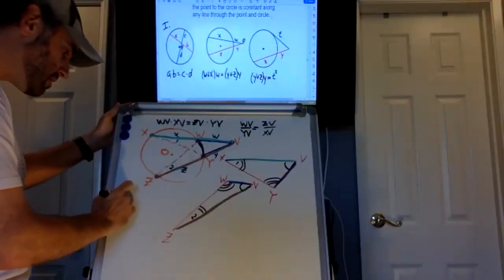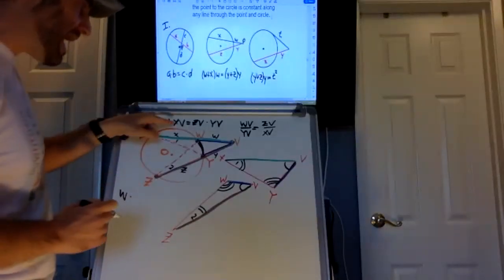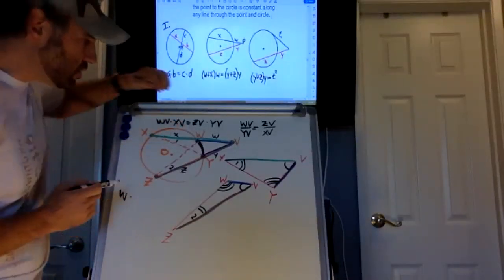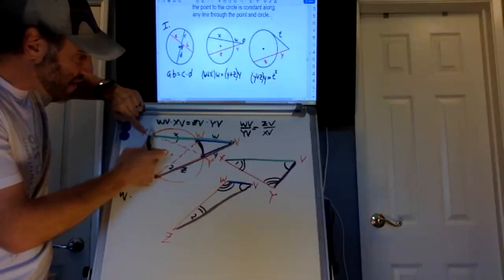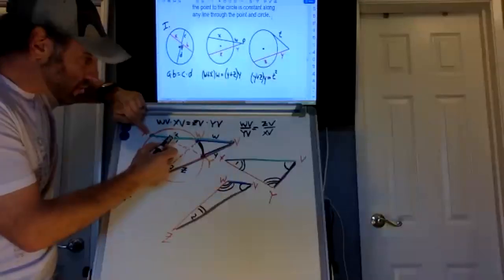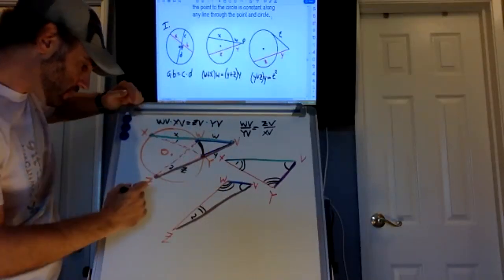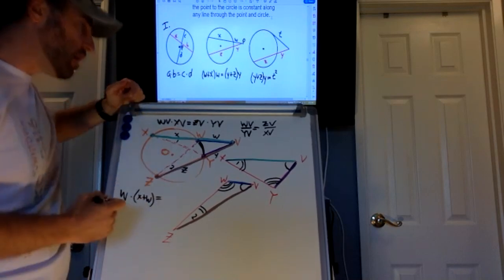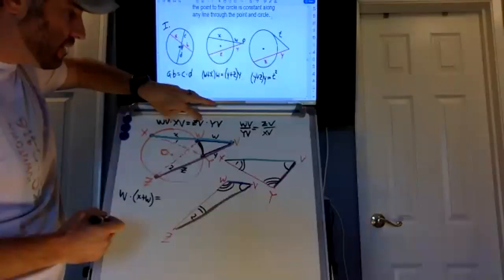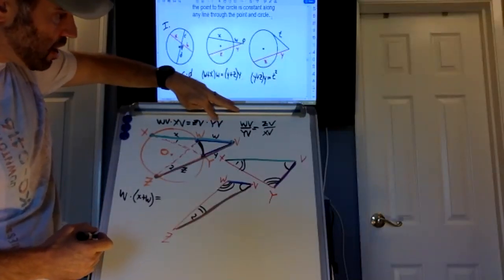So we can write W, okay? Times, what's XV? If you look here, XV, X orange to V orange, that's the green one. The green one is made of this little x plus the W. And that's equal to, on the other side, ZV, or we can do Y, it doesn't matter which one we do first, YV.